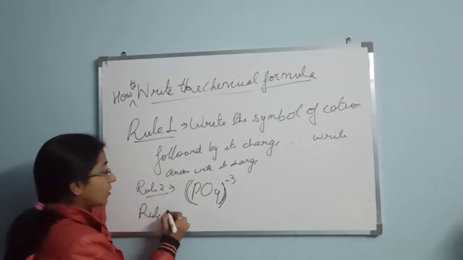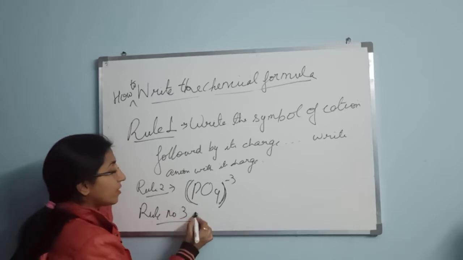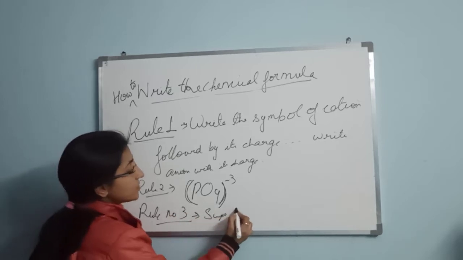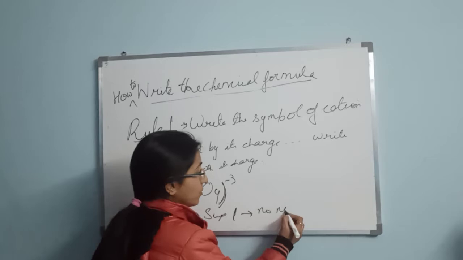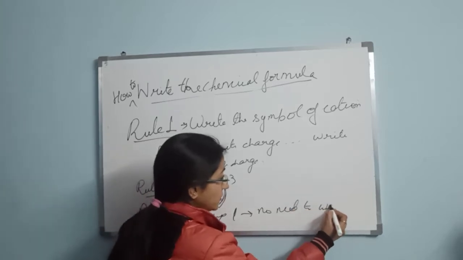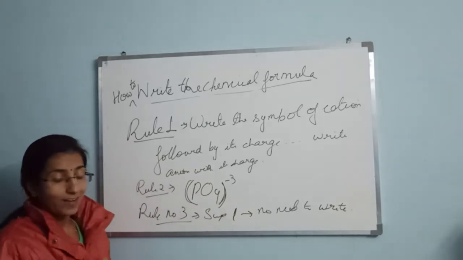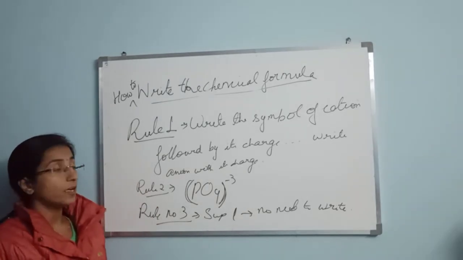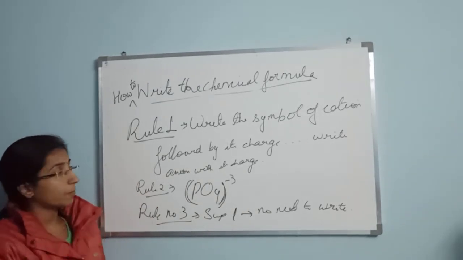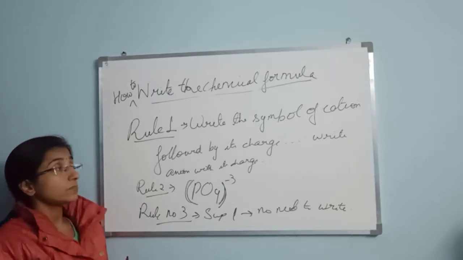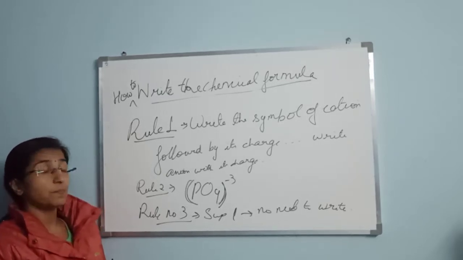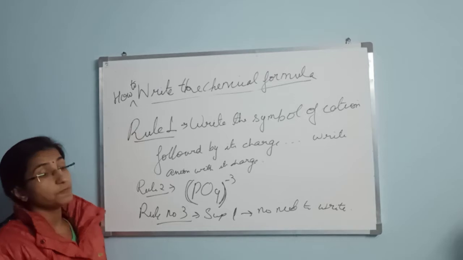Rule number 3: if the superscript 1 is given, then there is no need to write it in the final formula. And if required, you can divide by a common factor, which I will show in my upcoming examples.